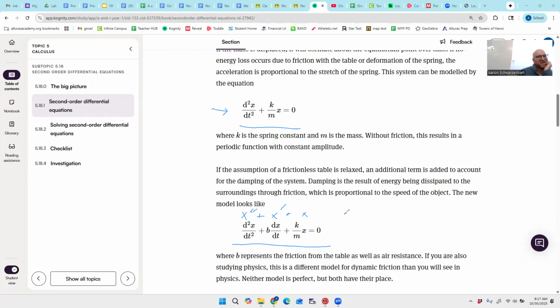Air resistance is an example of something that involves second order because air resistance is dependent on velocity. The amount of air resistance affects the acceleration of the object because it changes the net force. Yes, this is connecting to things you learned in physics.